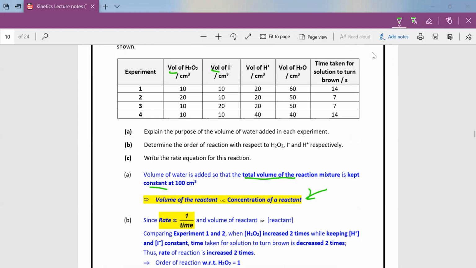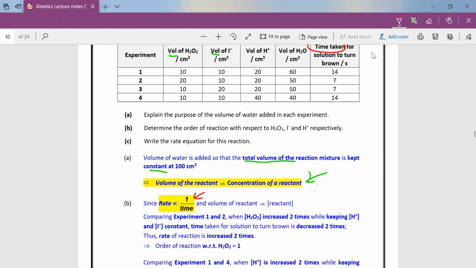You also note that they actually gave you the time taken instead of the rate. So we're going to use rate is directly proportional to 1 over time. And then we are going to start doing our inspection method. When we compare experiment 1 and 2, everything was kept constant.